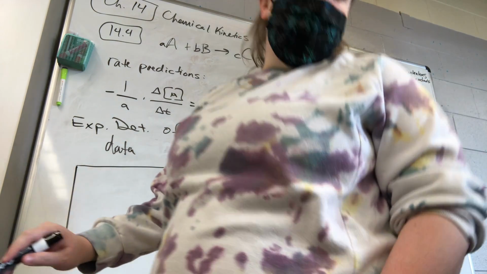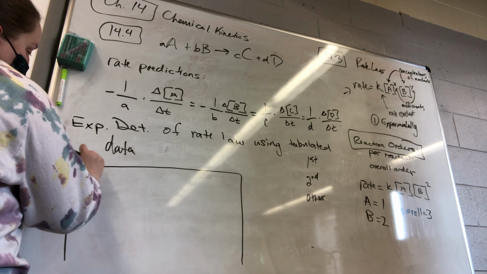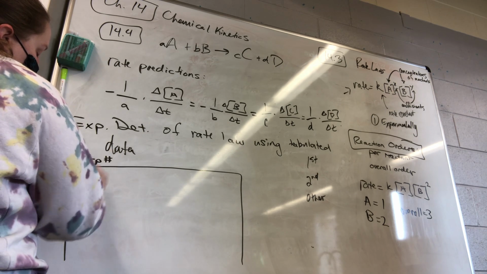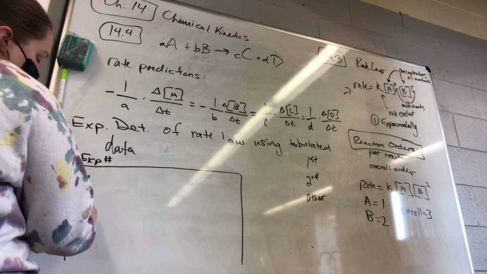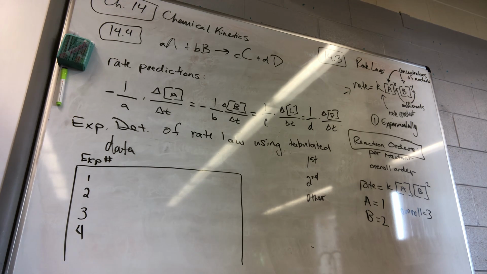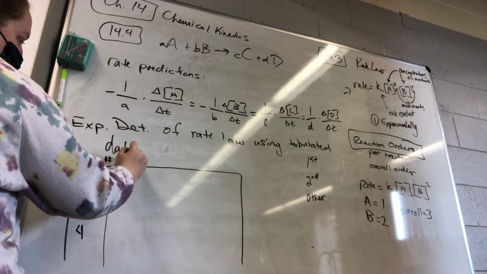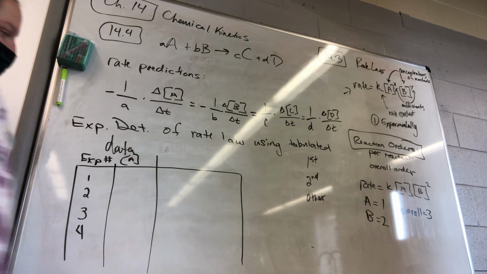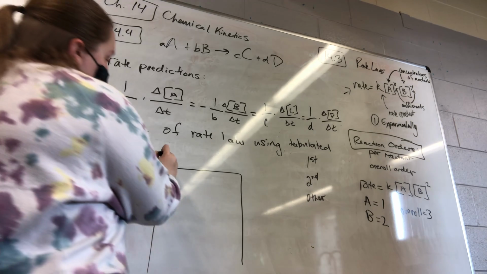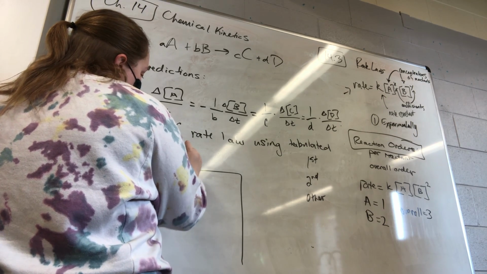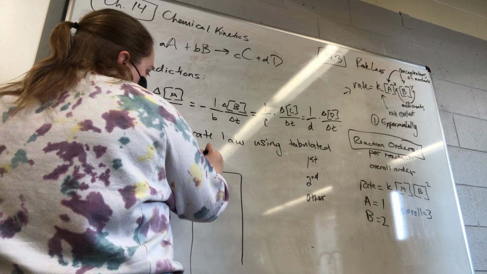We're going to do experiment number, then we're going to do concentration of A, concentration of B, and we're going to do initial rate.